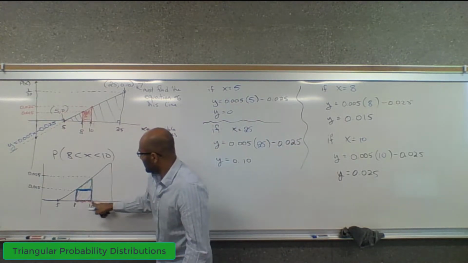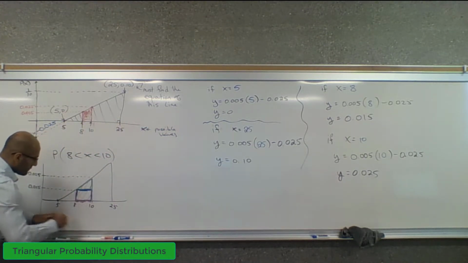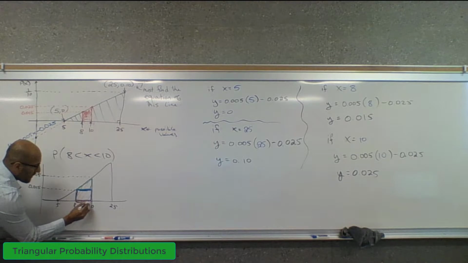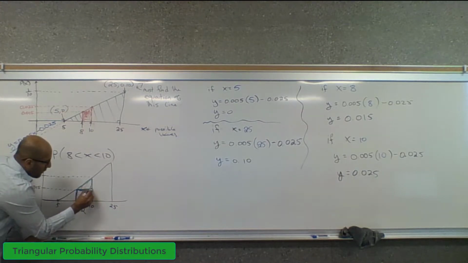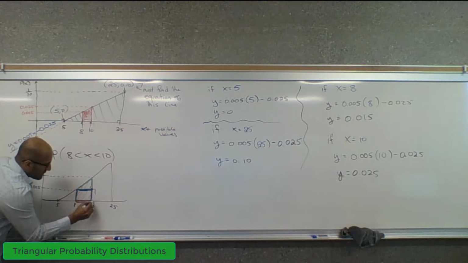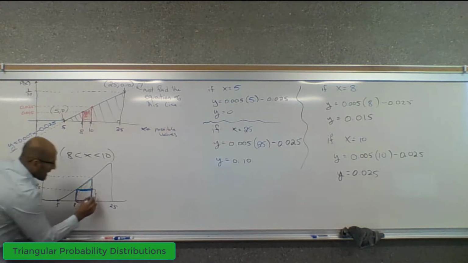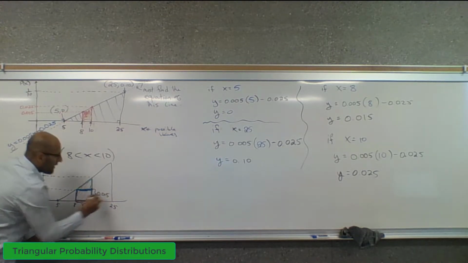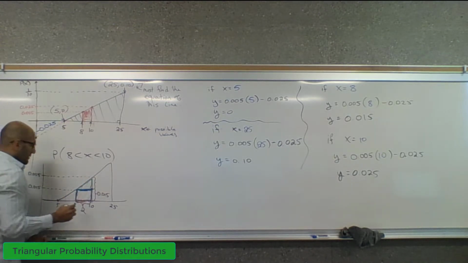They're both going to have the same base of 2, right? This distance from there to there is 2, and that's the base of both the rectangle and the triangle. And now here, this distance right there, that height is equal to this, so that height is 0.015. And now this guy is a little trickier, right?